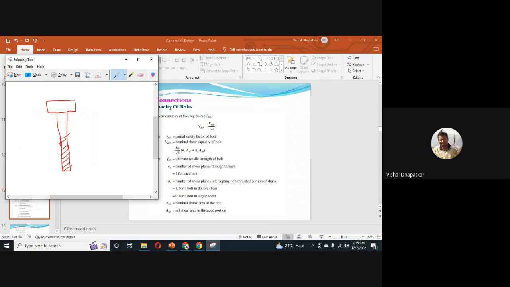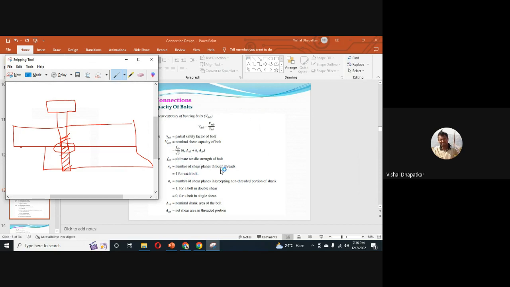If I have one plate somewhere here and another plate somewhat like this, in this case one surface area is going through the shear plane which is falling under the threaded zone. So this portion is falling under the shear zone. So for this case, nN will be 1, right? nN will be 1.